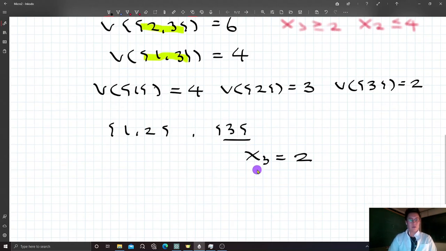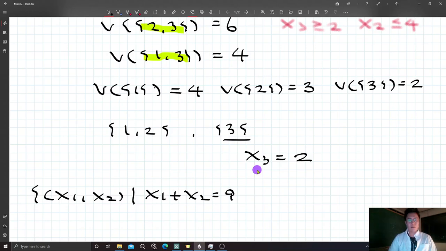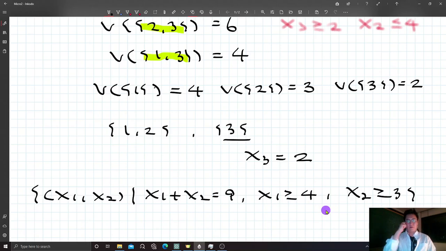And for players 1 and 2, the payoff is going to be x1 plus x2 equal to 9, but x1 should be larger than 4, right? Otherwise, player 1 will not make a team with player 2. And x2 should be larger than 3, right?